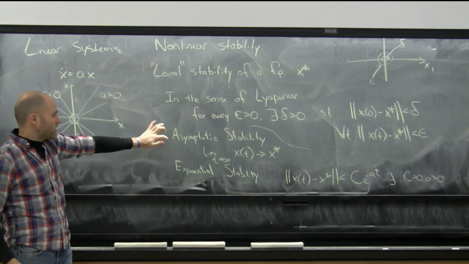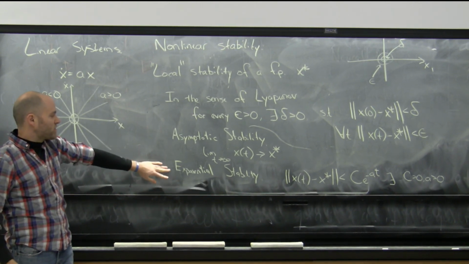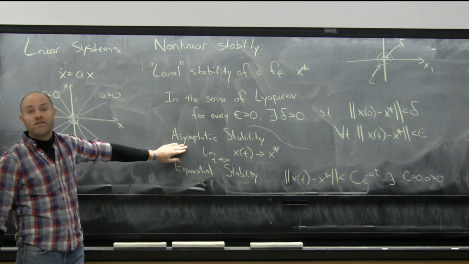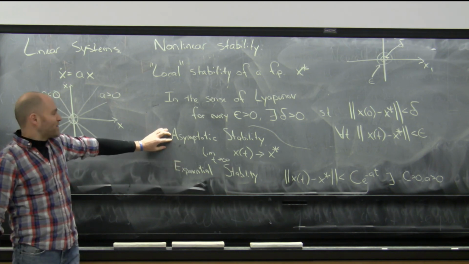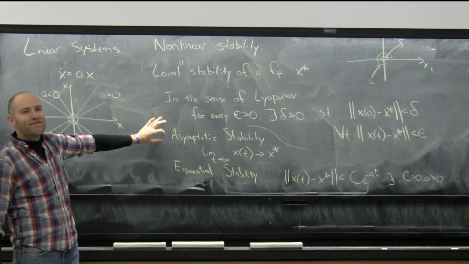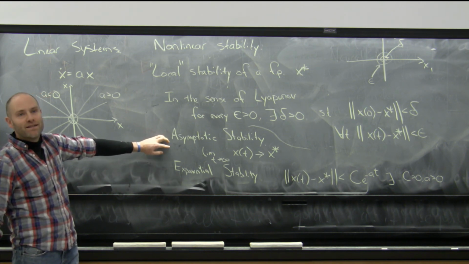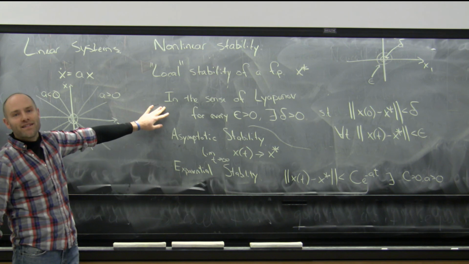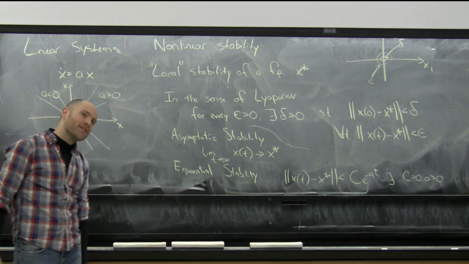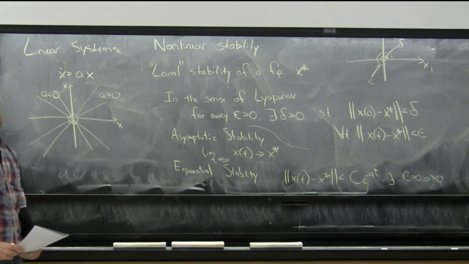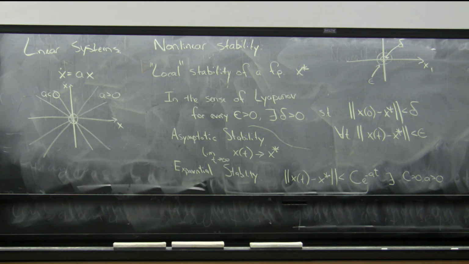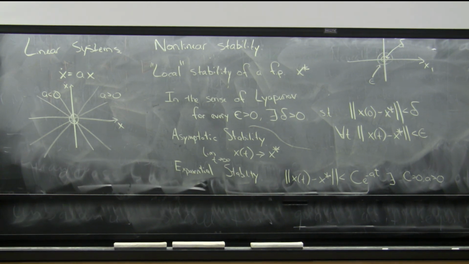Some of the relations are clear: if I'm exponentially stable, I will be asymptotically stable. There's a fun one that I'll leave for you to figure out. Turns out that asymptotic stability does not actually guarantee Lyapunov stability. The only examples I know are screwy examples, but they exist.